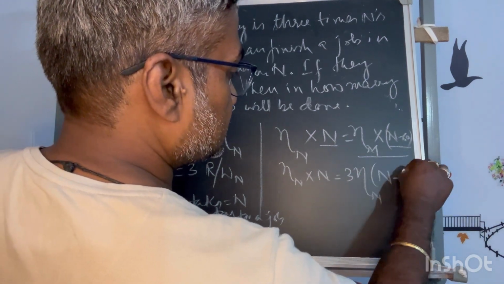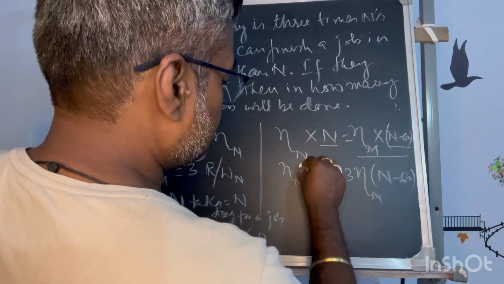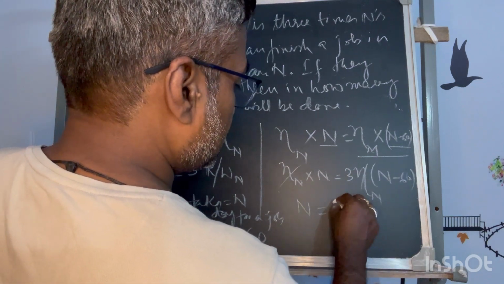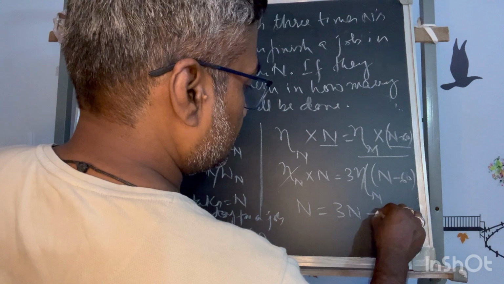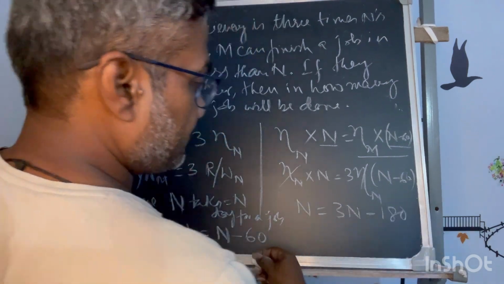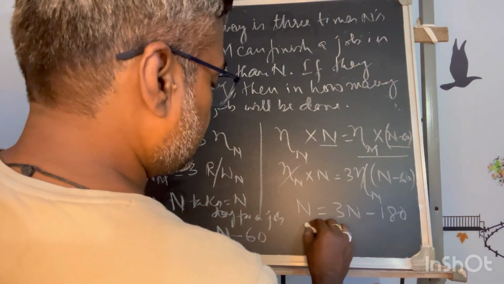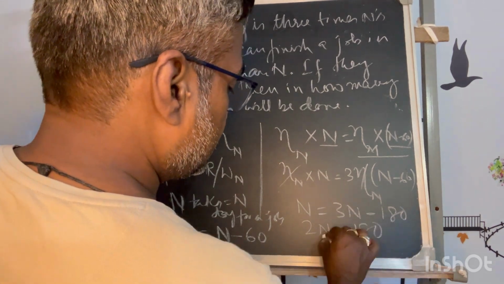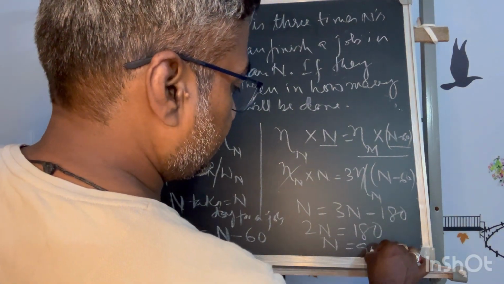So N is equal to 3(N minus 60), that is 3N minus 180. So 2N is equal to 180, N is equal to 90.